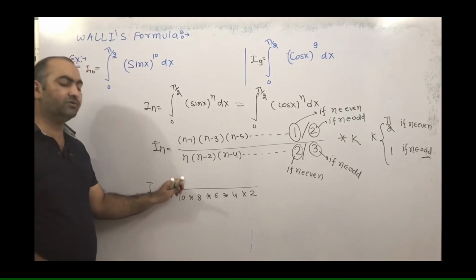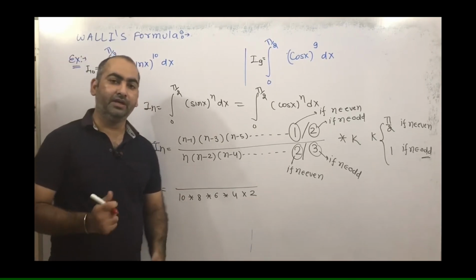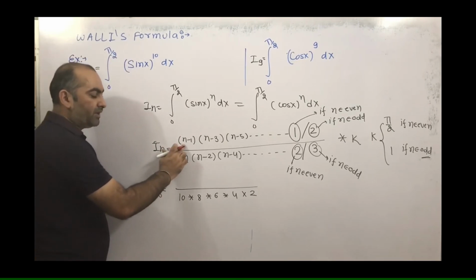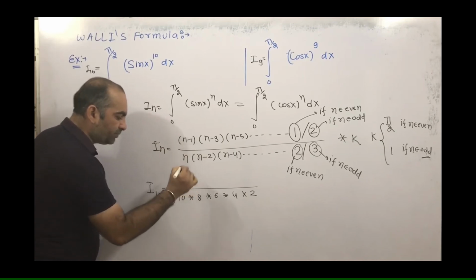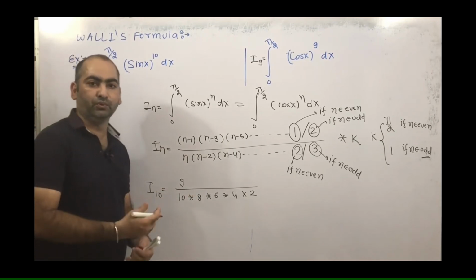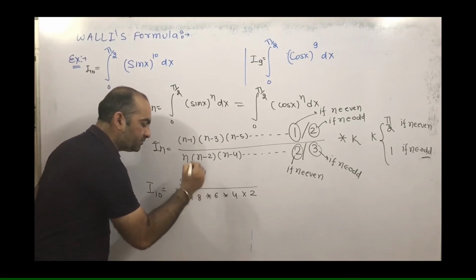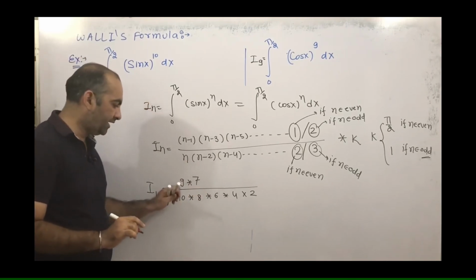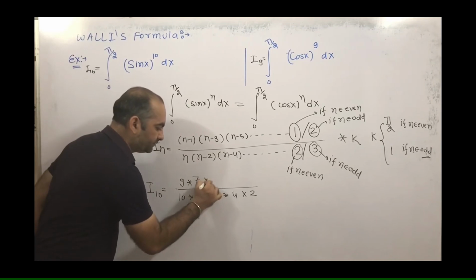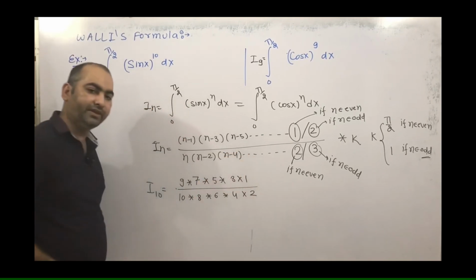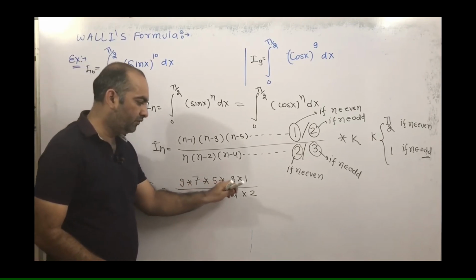So in the numerator also we will write 5 terms. The numerator will start from 9, since n is 10. From 9 we decrease by 2, so it becomes 7. So 9, then 7, then 5, then 3, then 1. You can count 1, 2, 3, 4, 5 terms.